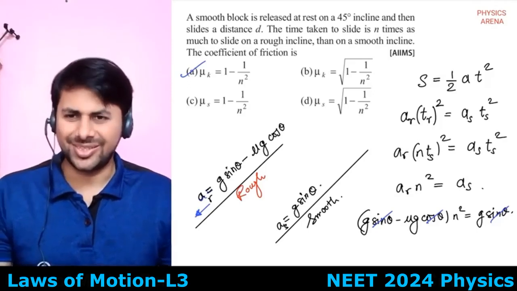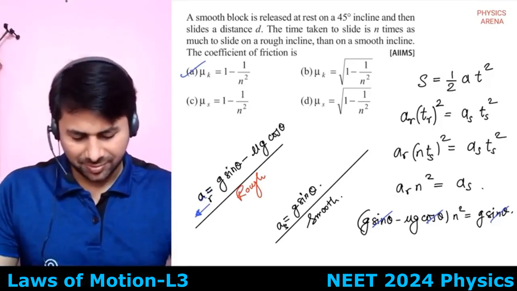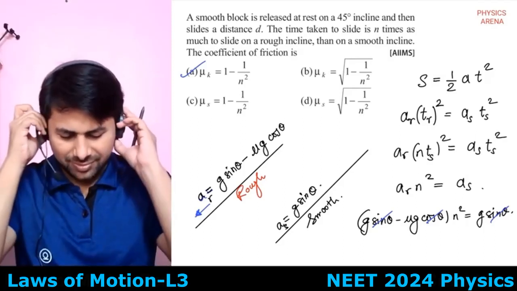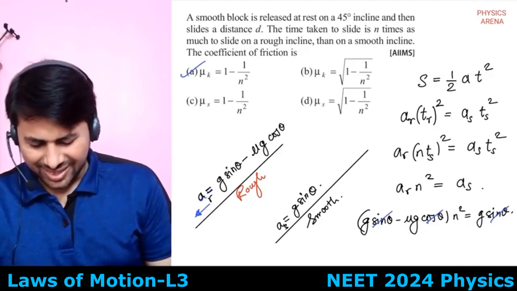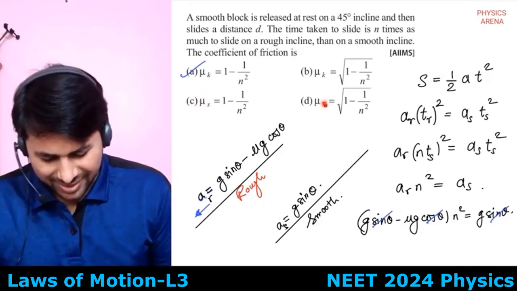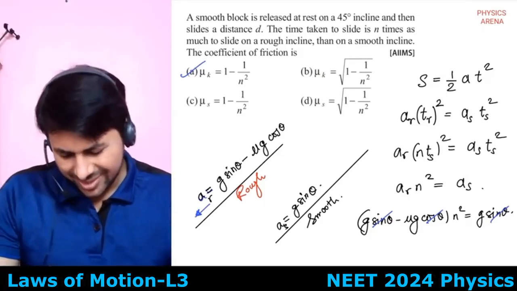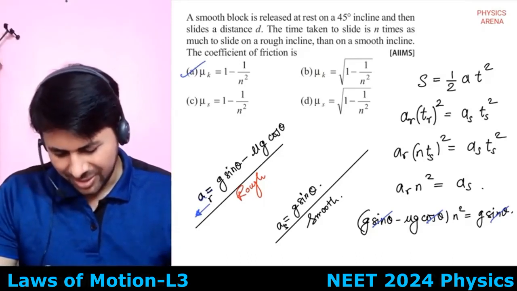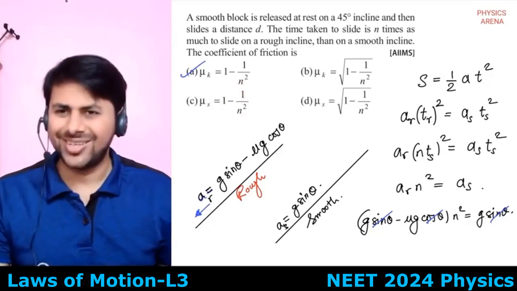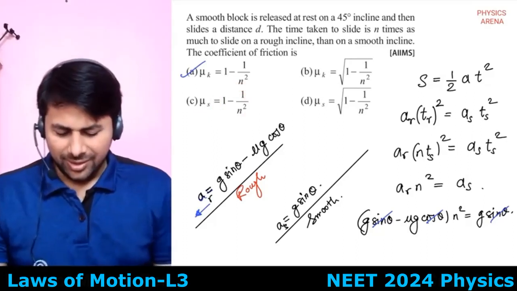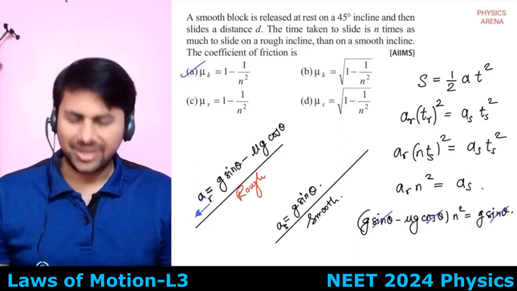I just saw mu, I didn't check whether the coefficient is mu k or mu s. I thought it was 1 minus 1 upon n square in this option only. Yeah, so it's option A. Mu k is 1 minus 1 upon n square. Good.